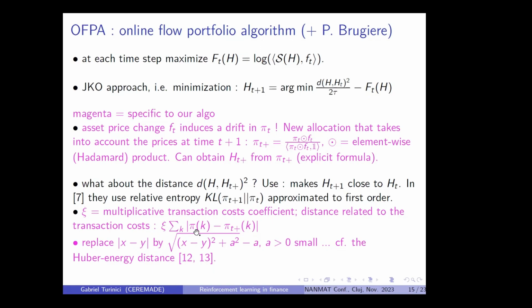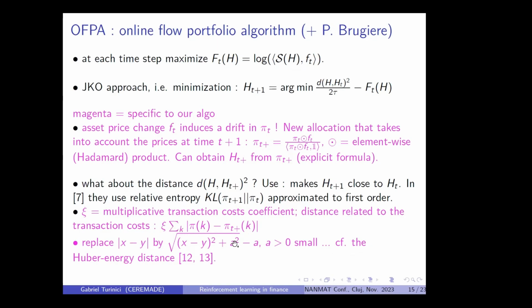And if you want to penalize transaction cost, you have your new allocation, or target new allocation. The transaction cost is the sum over the absolute values of the difference from the previous one to the next one. This may be a function difficult to optimize, but one can imagine regularizing that.